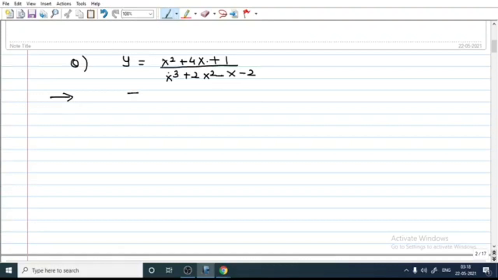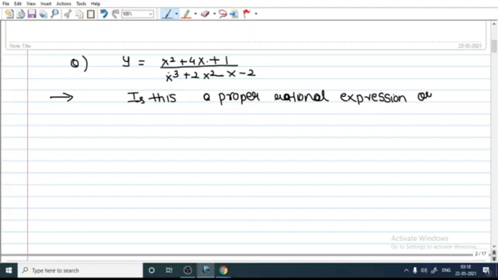Is this a proper rational expression or not?